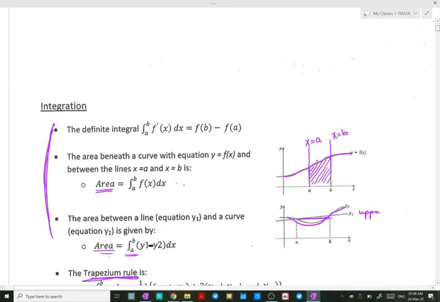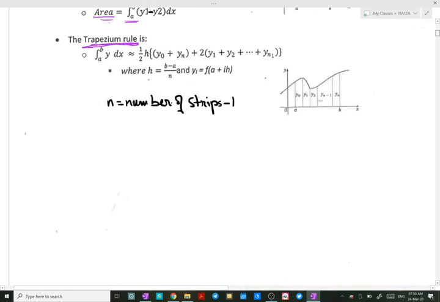Whenever you want to find the area between 2 lines or 2 curves, you always use the formula which says the upper minus the lower and integrate it, and then you will find the area between these 2 curves. It depends, is it a curve and a line or a curve and a curve, and so on. Now the trapezium rule, we're going to discuss it in coming videos.